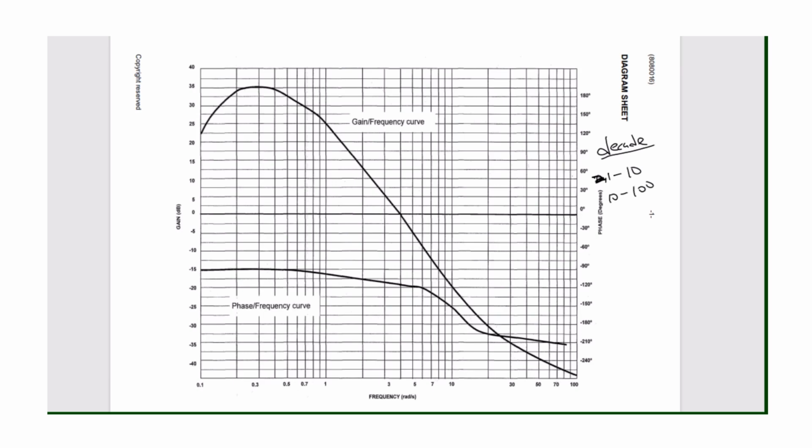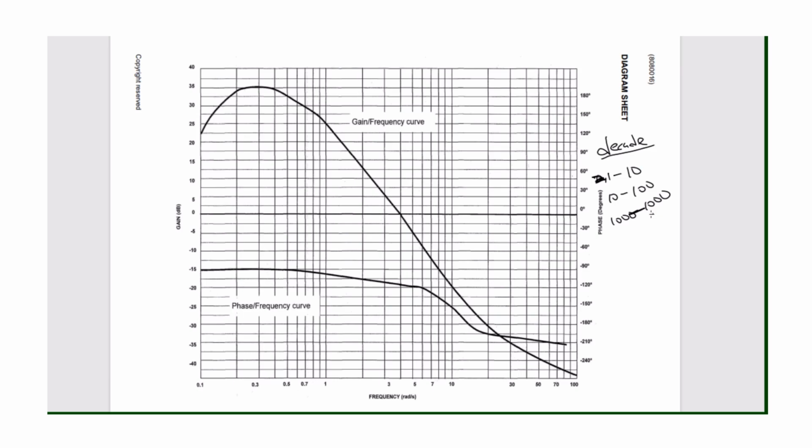Then we have 10 to 100. We have 100 to 1000. That's decade. Sometimes the question specifies, they say give us a cut-off frequency between 1 to 10 rad per second. But if the question just says give us cut-off frequencies, they want all these intervals.